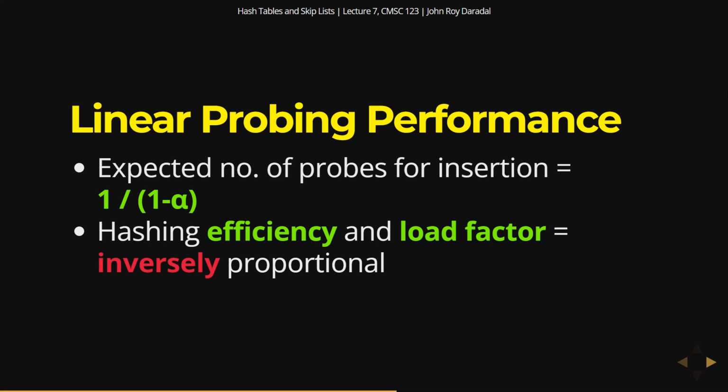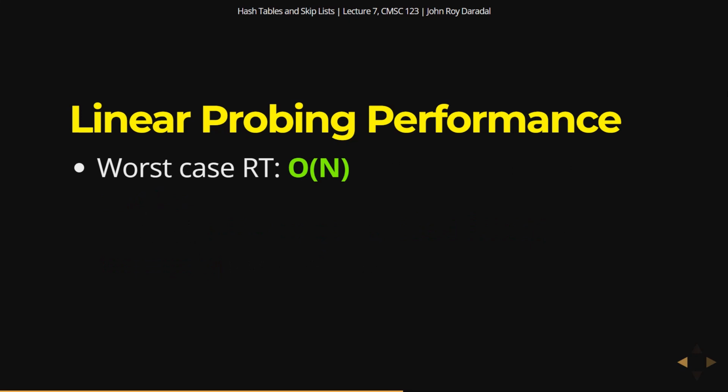And the hashing efficiency and the load factor are actually inversely proportional. So the higher the load factor, the lower the efficiency. So if you have a low load factor, then you have a high efficiency. So we mentioned already that the worst case is O of n, and that is when all of the keys have a collision, but that only happens if you have a really bad hash function, right?